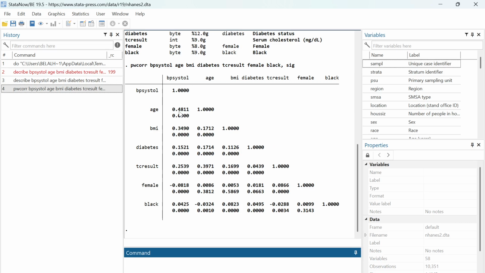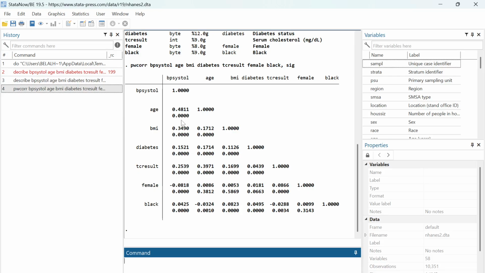When do you define two variables as weakly, moderately, or strongly correlated? The rule of thumb is 0.1 to 0.3, in both directions, negative or positive, is considered weak correlation, 0.3 to 0.5 moderate correlation, and 0.5 to 1 in both directions is considered a strong correlation.